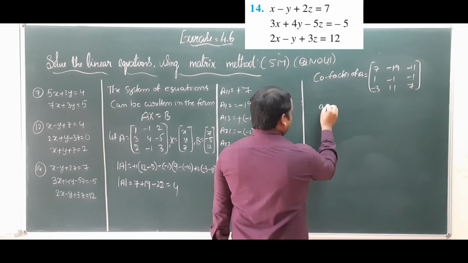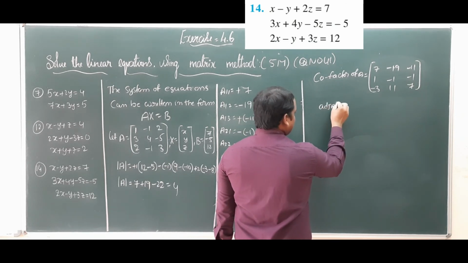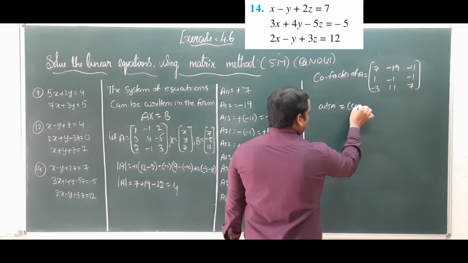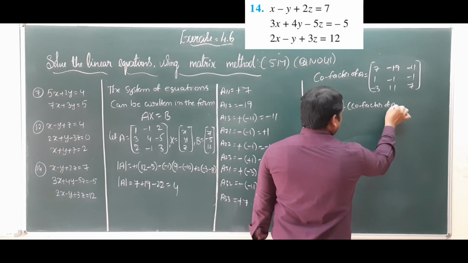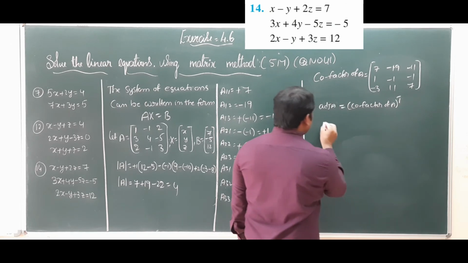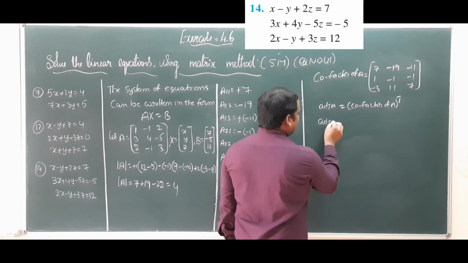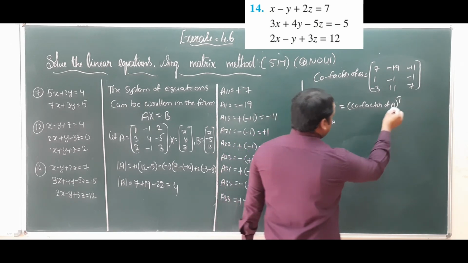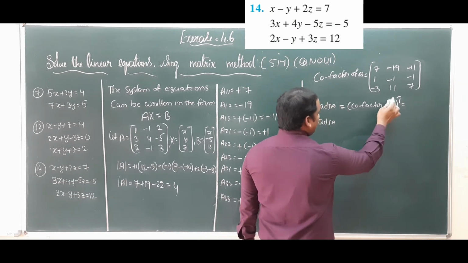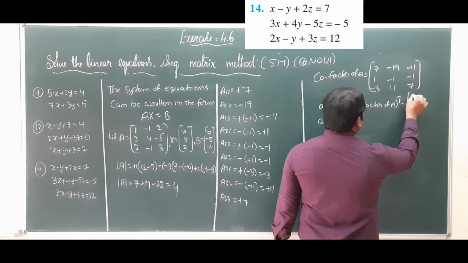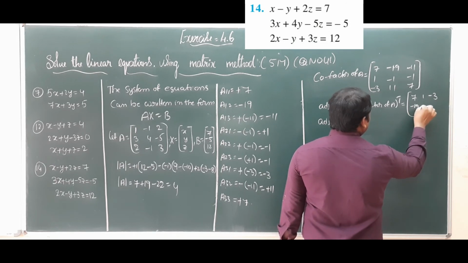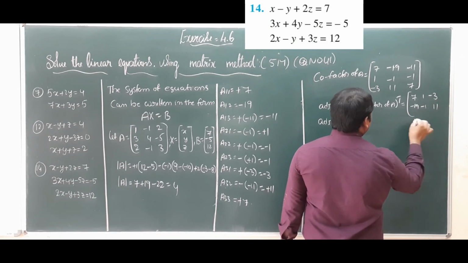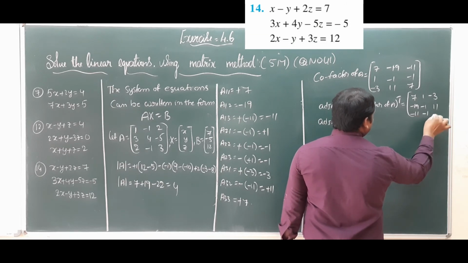Now I have to find the adjoint of A. Adjoint of A equals the cofactor of A whole transpose. Cofactor of A transpose means 7, 1, minus 3; minus 19, minus 1, 11; minus 11, minus 1, 7.